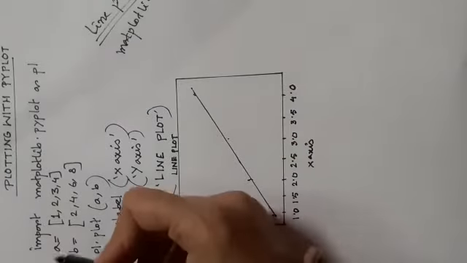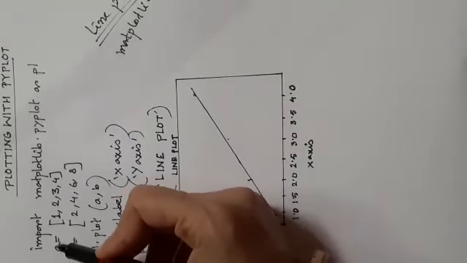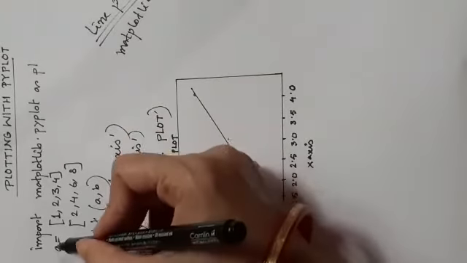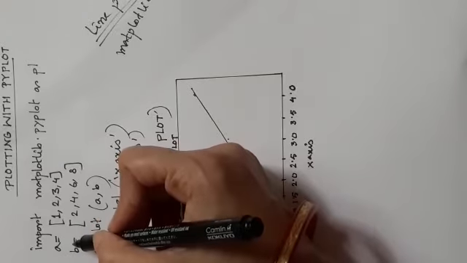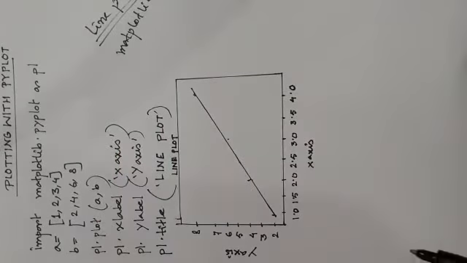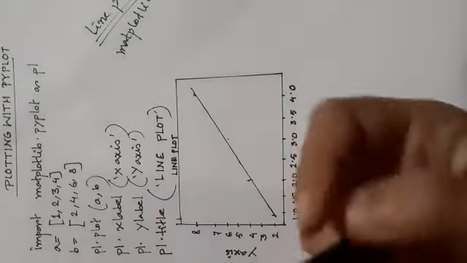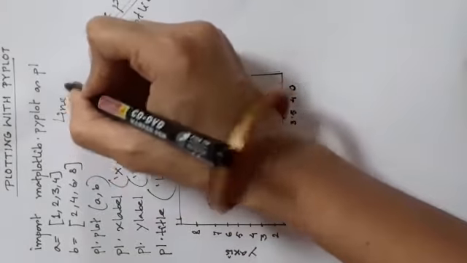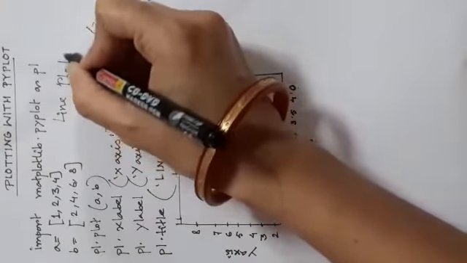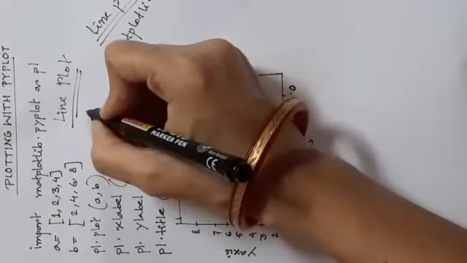At the very first you can check that there are two sequences of data, A and B. We are going to plot these data on the x and y axis. As class 12 students, you are very familiar with this line plot, but using Python, how to do that we are going to learn. In Python, one ready-made function is there.